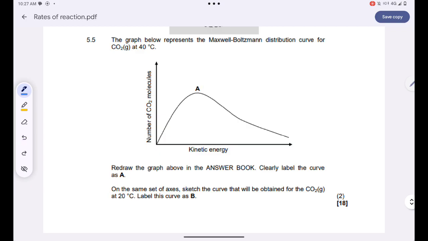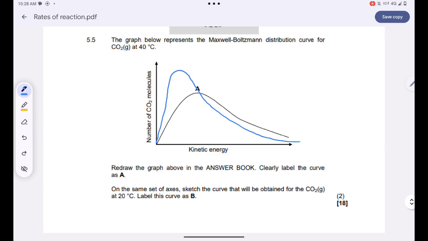And then on the same set of axes, sketch a curve that will be obtained for carbon dioxide at 20 degrees. Okay, at a lower temperature, guys, our Maxwell-Boltzmann distribution curve will have a higher peak. Are you together? And let me draw it like this, because yeah, that's better. There's a higher peak like this.